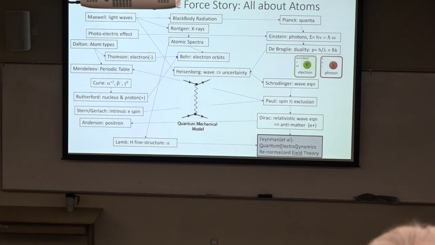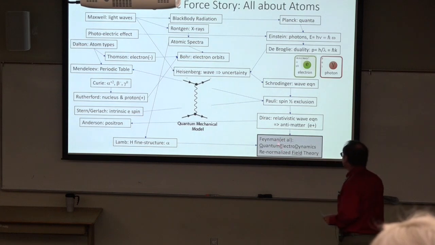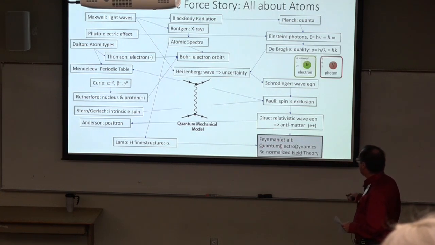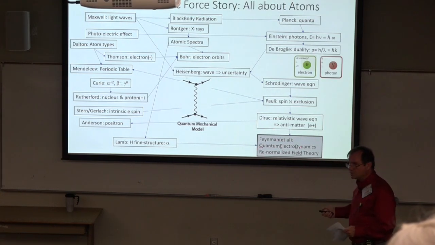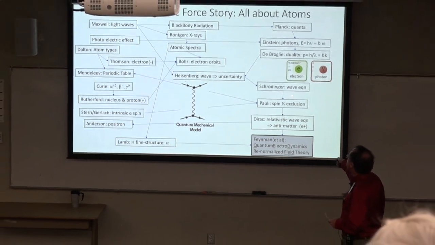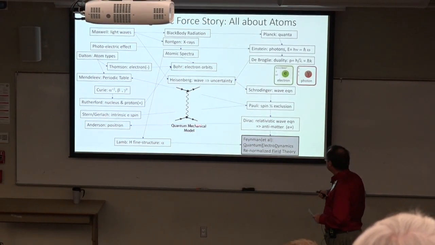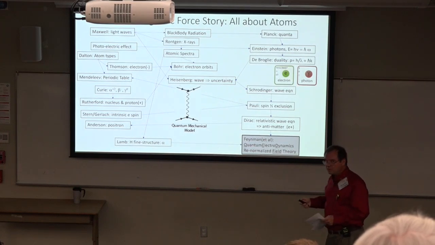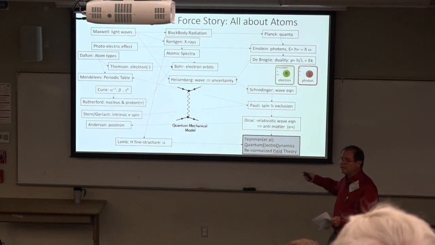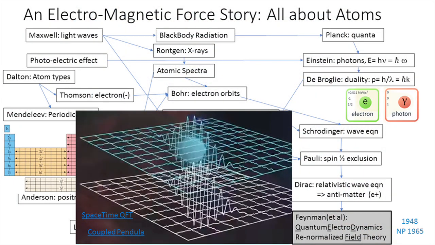And if you take this fine structure constant and try to explain all those things, then Richard Feynman, just up the road at Caltech, makes this thing called quantum electrodynamics, which is a relativistic wave equation that explains all of these fine structure things. It's what's called a renormalized field theory, and we're going to talk a little bit about this, because we're getting beyond where a lot of people are comfortable. So let's have a look at that.